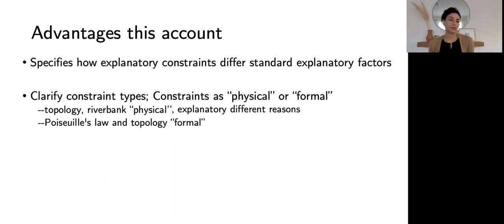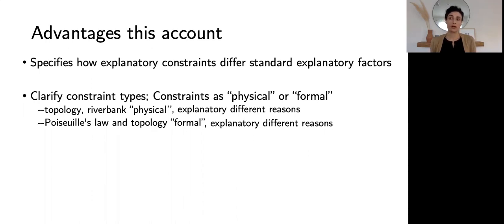And another example of this that I think is quite nice is the sense in which constraints are said to be formal. Poiseuille's law and topology are both constraint types that can be referred to as formal. They can be represented with mathematics, right? And there are other reasons for considering constraints to be formal. But in this case, again, these are factors that are explanatory for very different reasons.